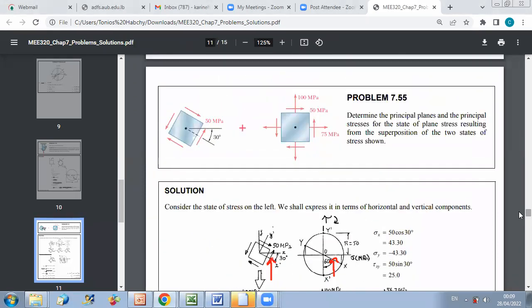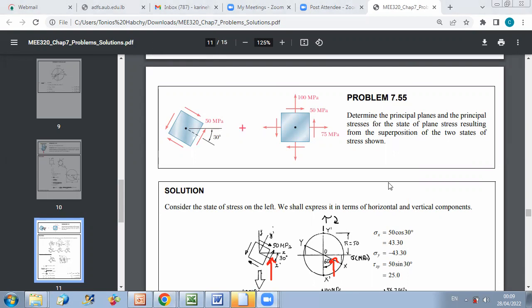Now, they also asked for the principal plane and principal stresses of the superposed load. So after we determine the combined loading effect in frame xy, so we have sigma x, sigma y, and tau xy, we are able to calculate the principal stresses and the maximum shear stress.